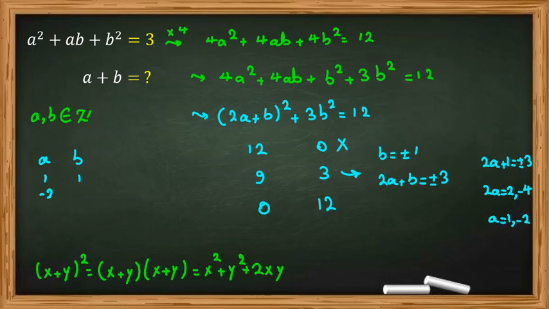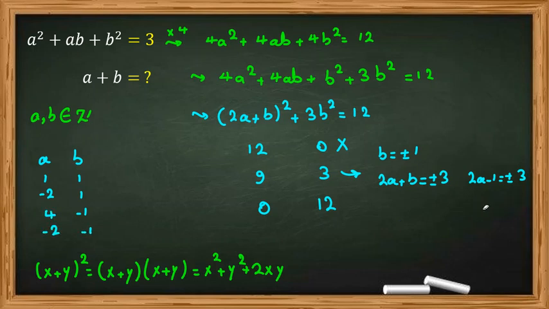So a is 1 or negative 2 when b is 1. And if b is negative 1, then we conclude what? 2a minus 1 equal to plus minus 3. So if you add 1, 2a is 4 or negative 2.